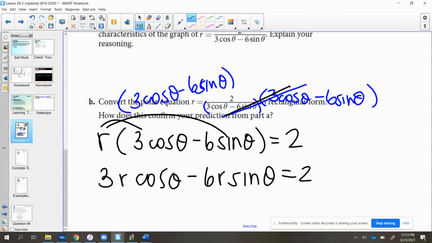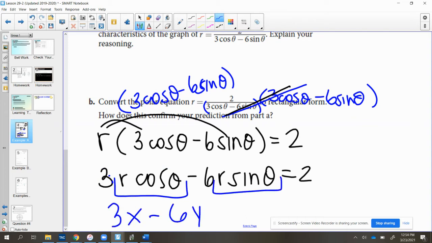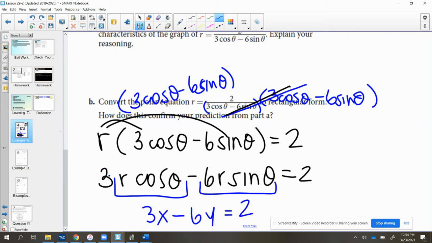And we know from up above, again, they're very important, we can replace the r cosine theta with an x and the r sine theta with a y. And now we see starting to form that equation of a line. So 3x minus 6y equals 2.